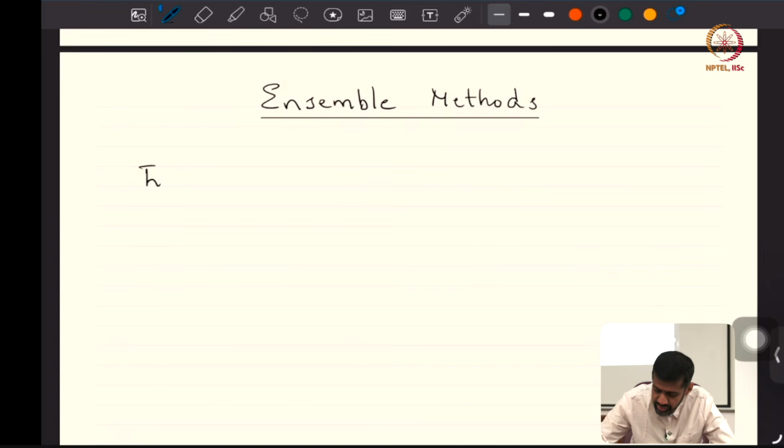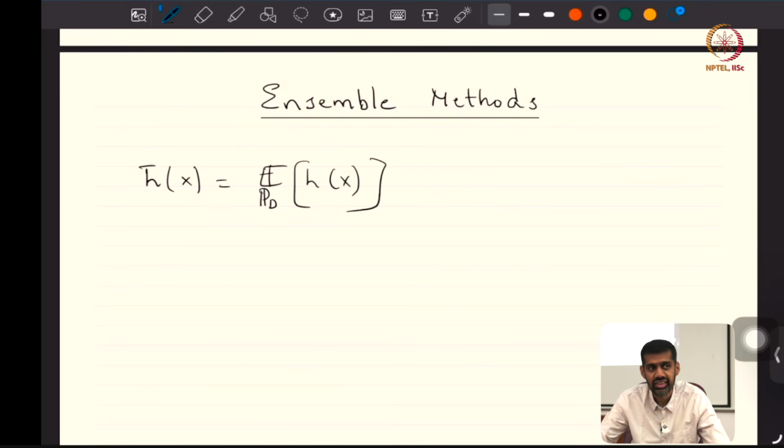So, remember what h bar was. During the discussion on bias variance decomposition, h bar was the expected classifier, where this expectation was over a distribution over data sets, okay. But we only have one data set in practice, so we do not have multiple data sets. So, what do we do is the question.